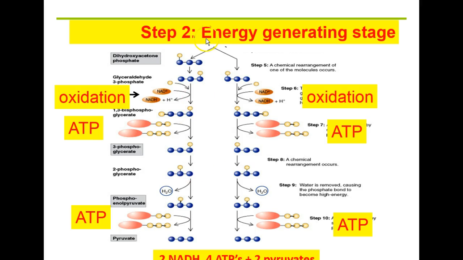One of the most important facts that you need to glean from glycolysis are the end products of glycolysis. The end result of glycolysis is the formation of 2 NADH molecules, 4 ATP molecules, and 2 pyruvate molecules.